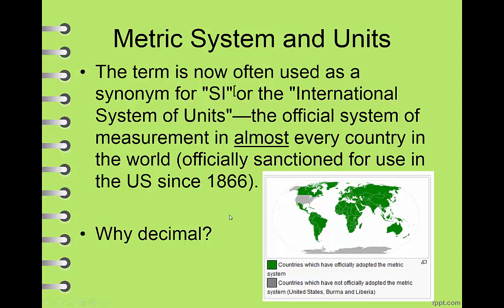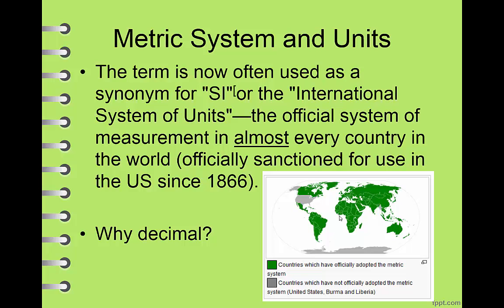The only countries that have not adopted the metric system are the United States, Burma, and Liberia. Okay, so we've got Burma over here in Asia, and Liberia right here on the west coast of Africa. And those are very tiny countries. Certainly we're the only major industrialized country that does not use the metric system.